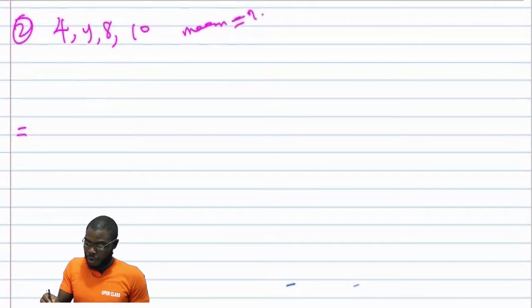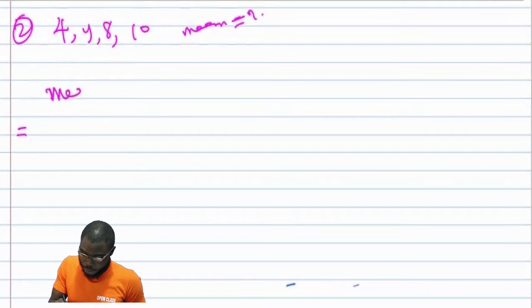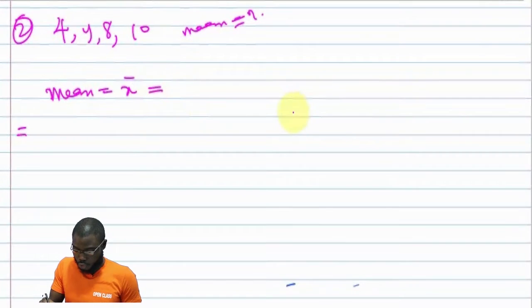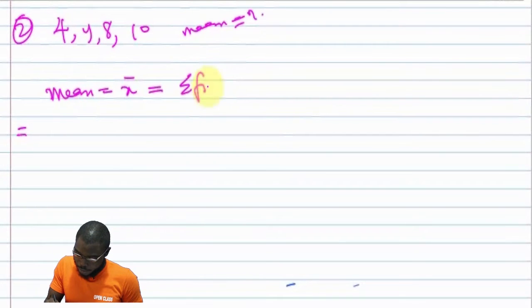Remember, your mean, which is your average, if you call it your x bar, is equal to the sum of fx all over the sum of f.